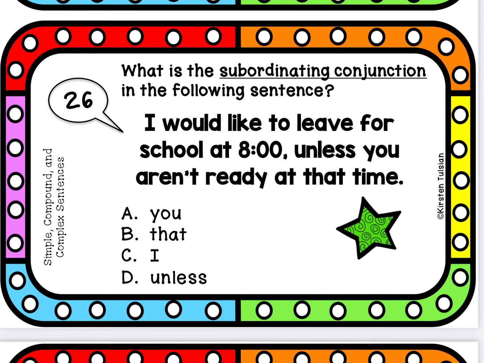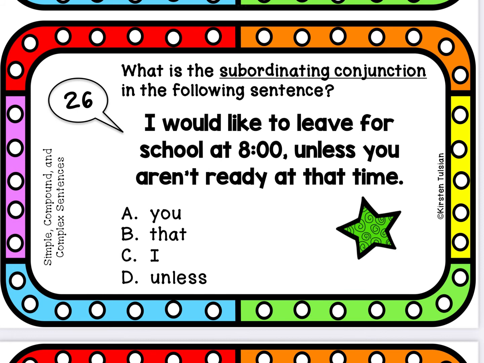Okay, we're going to look again for the subordinating conjunction in the sentence. Here's the sentence. I would like to leave for school at 8 o'clock, unless you aren't ready at that time. Okay, so our choices are you, that, I, unless. See if you can remember which one of those is a subordinating conjunction, and take a guess.